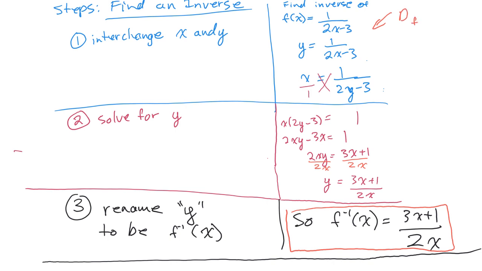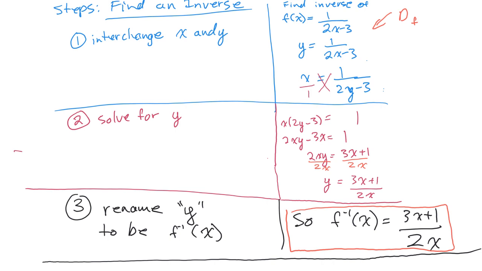Now, if I asked you to look at this one here, I could ask you, hey, tell me what the domain of f inverse is. f inverse is that. Do you know what that actually tells me? It actually tells me that the range's domain is y not equal to 0. It's kind of crazy. But right now I could say, tell me what the domain of f is, and tell me what the range of f is.